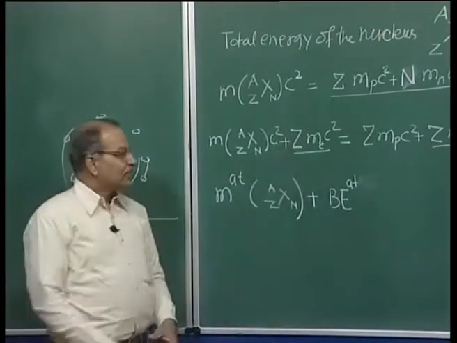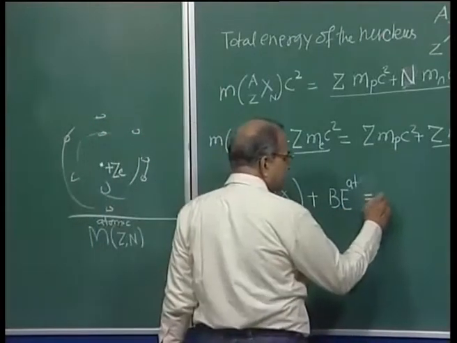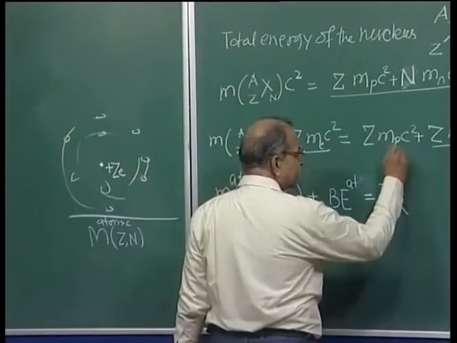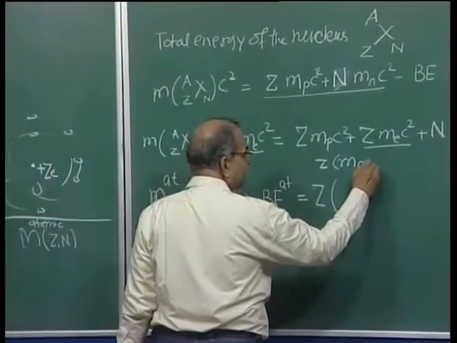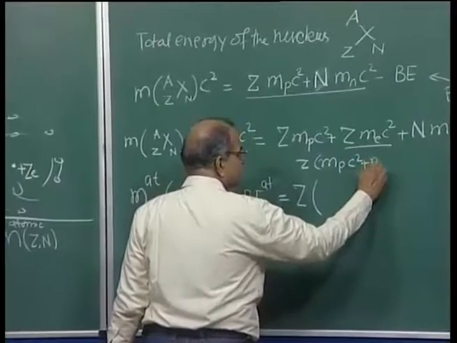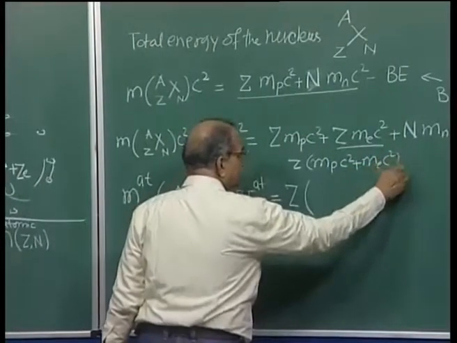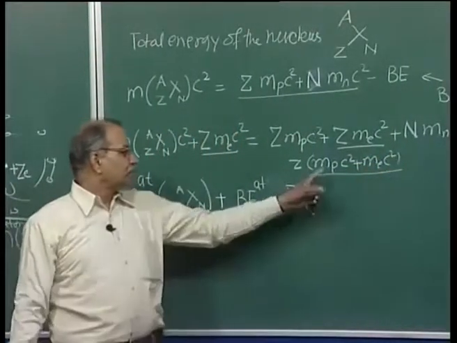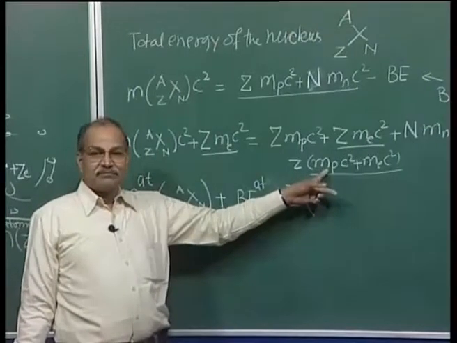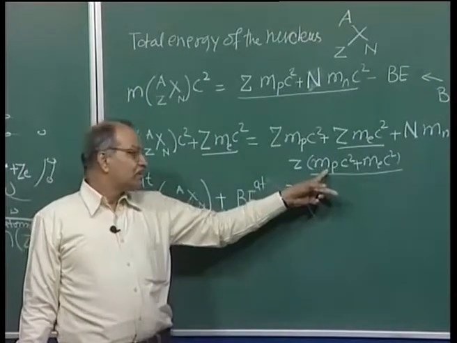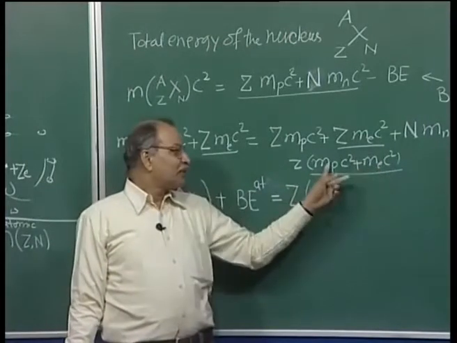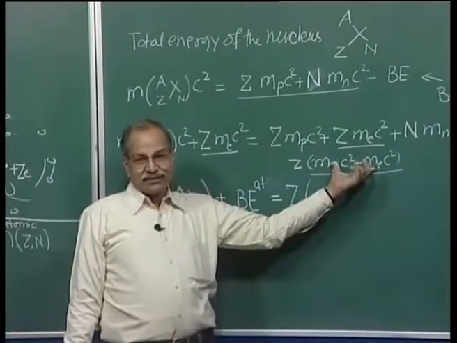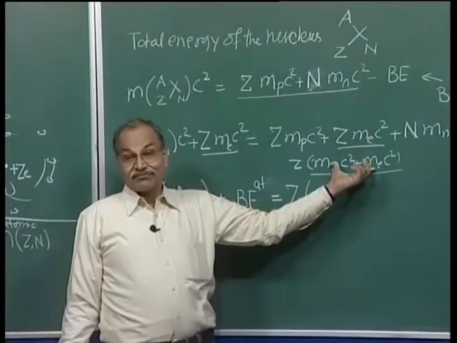On this side, if you take Z common, what is it? MP C square plus ME C square. Look at this: one proton mass energy, and one electron mass energy. One proton and one electron taken together will make a hydrogen atom.